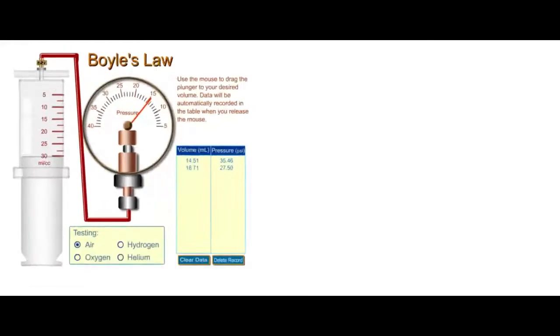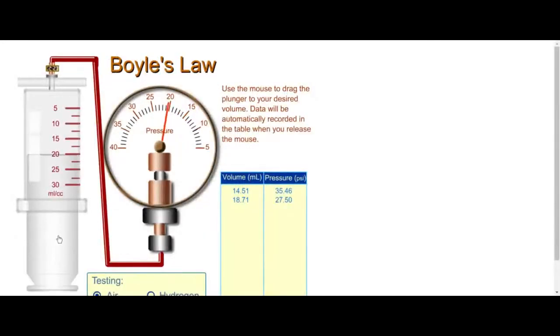So maybe you have to, let me try to make it larger so you can see it. You can just pick a volume, and again, don't just say 20. This will be 20.0 if you put it exactly at the line.